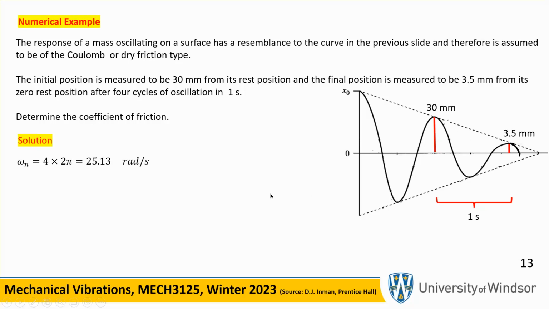We don't need this graph, although it may help, but it is not consistent with what it says here. It says 4 oscillations, 4 cycles, but between these two I have only 1 cycle. So for frequency, this was 4 cycles converted to radians per second.